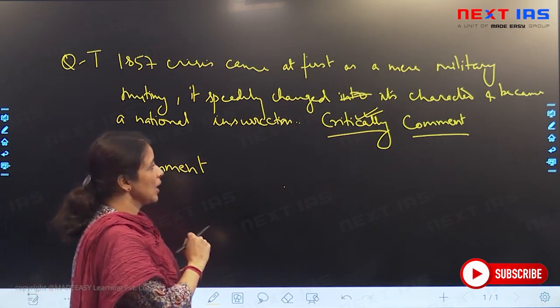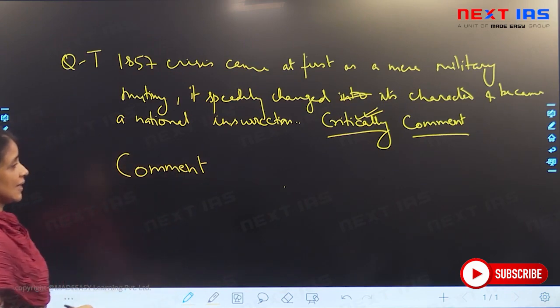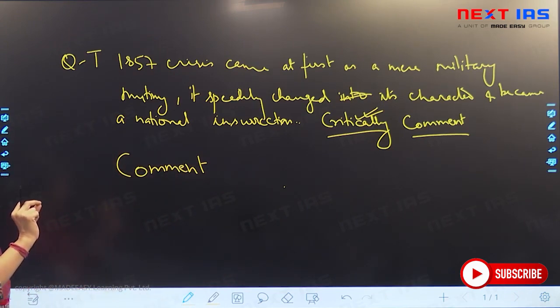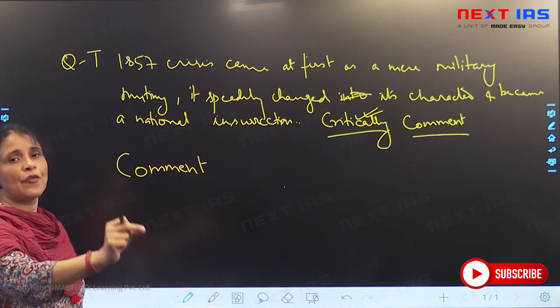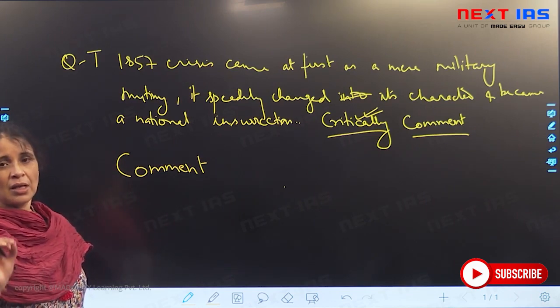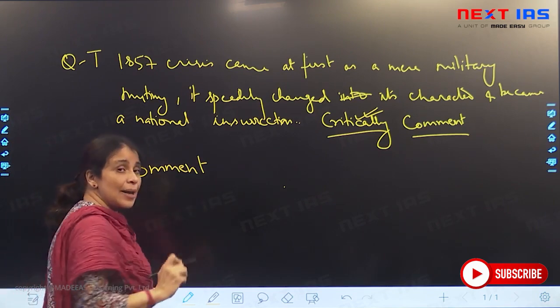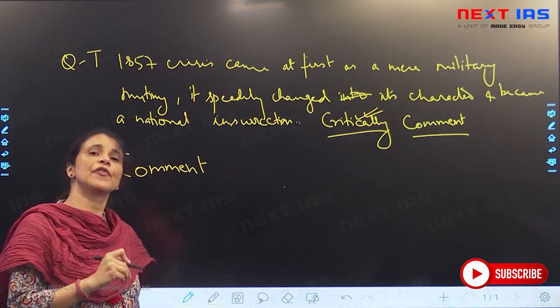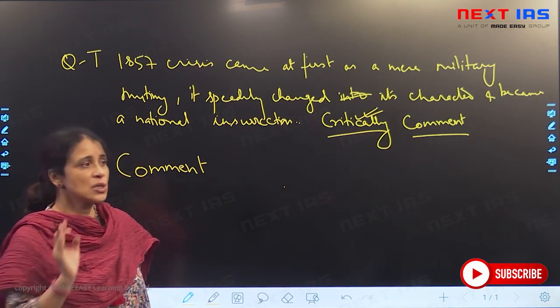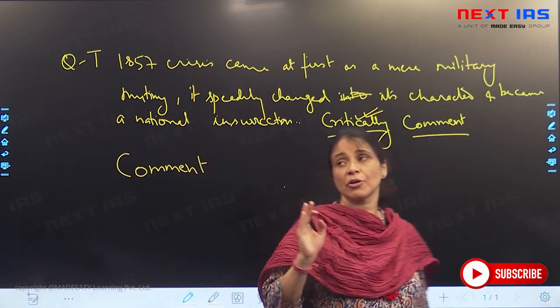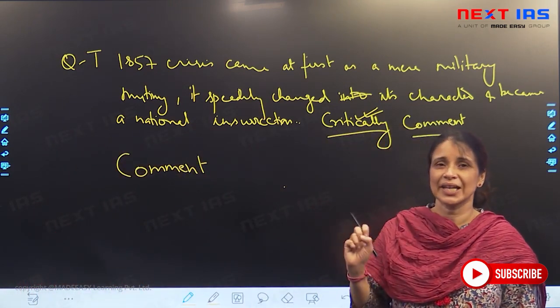Say for example, if I say that corruption can never be removed from India, critically comment. Corruption can never be removed from India is a negative statement.